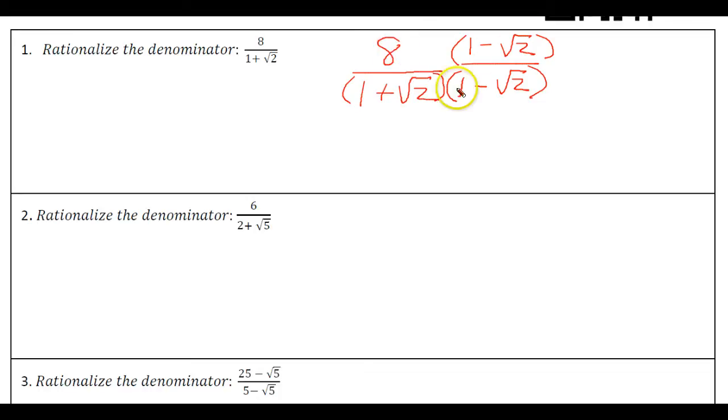So we multiply our numerator, and this becomes 8 minus 8, the square root of 2.